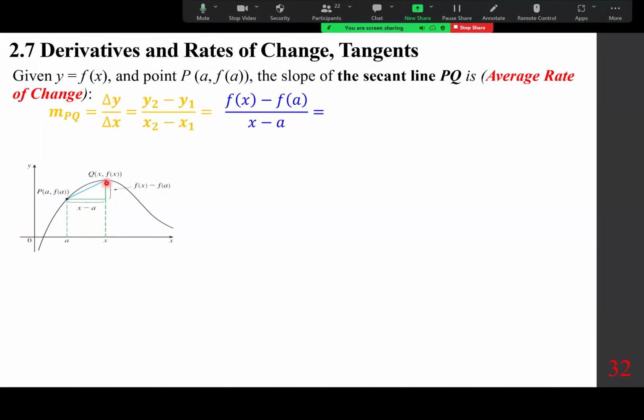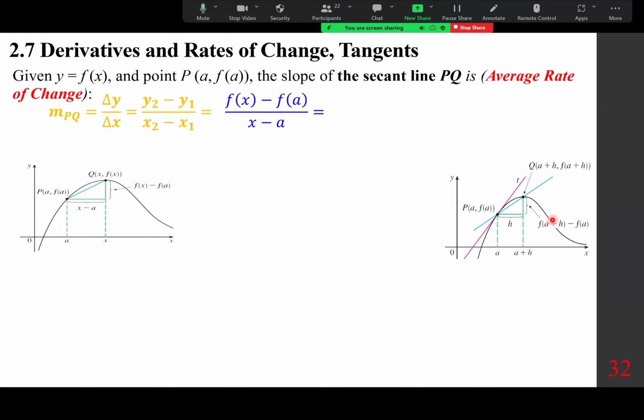If we go with this, f of x minus f of a over x minus a, that's the same thing. If you look at this one, we have the distance a, h, resulting in a plus h here.